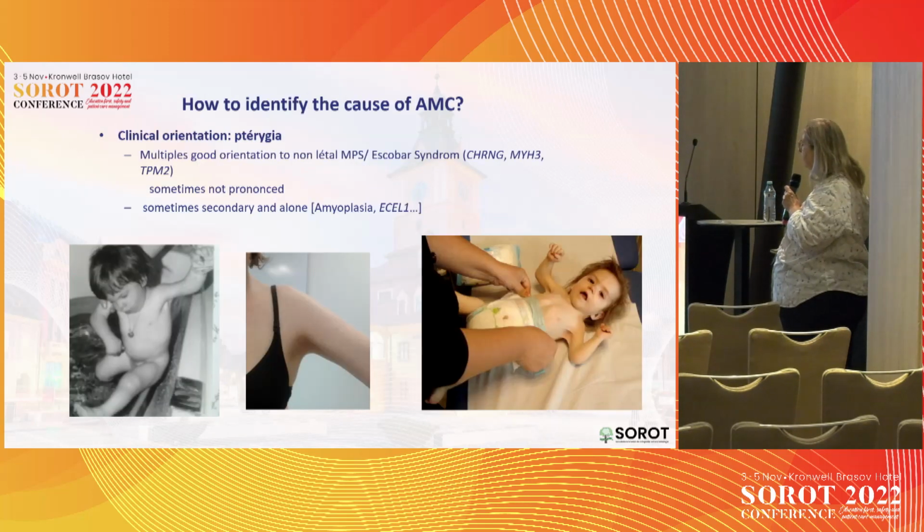Oh, sorry. You can have, for example, pterygia. Pterygia also, sometimes are very few, like this, or like this, and sometimes, you know, it will be a problem for the movement.